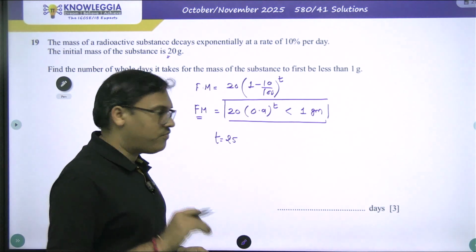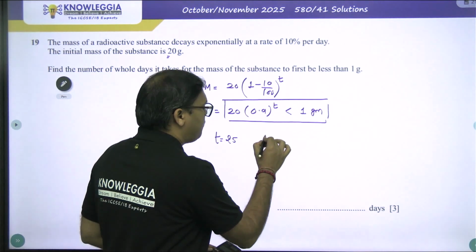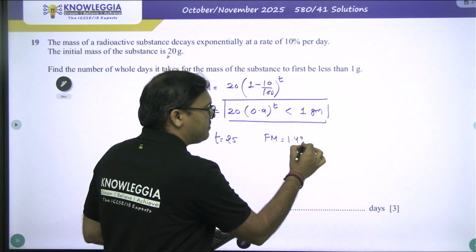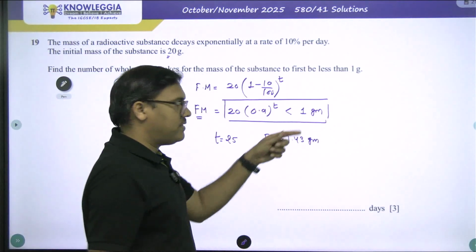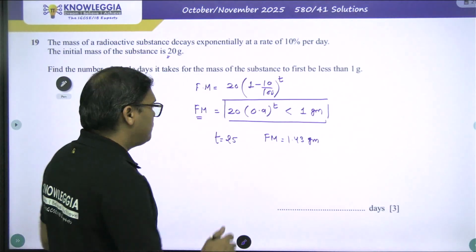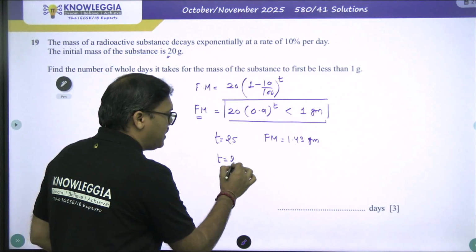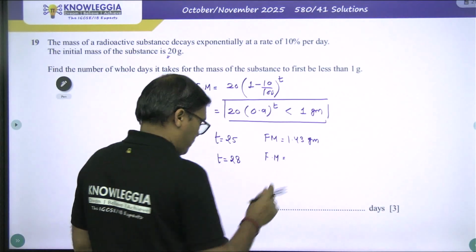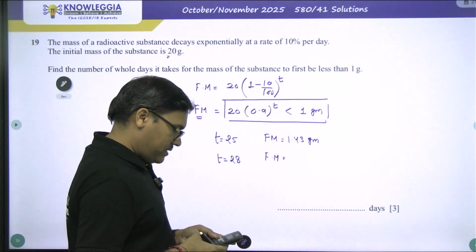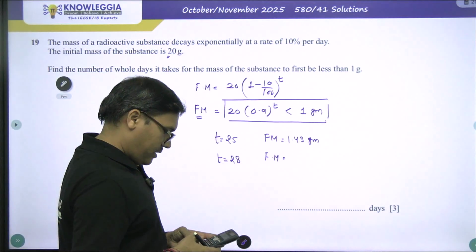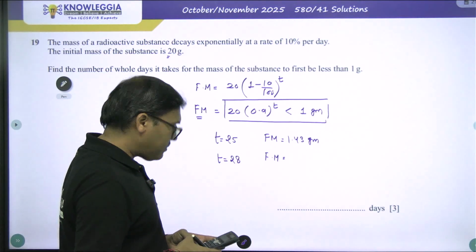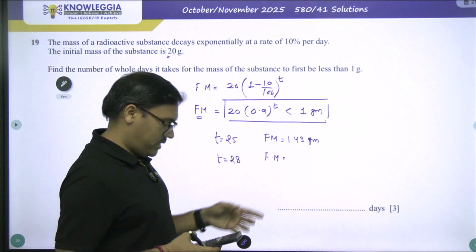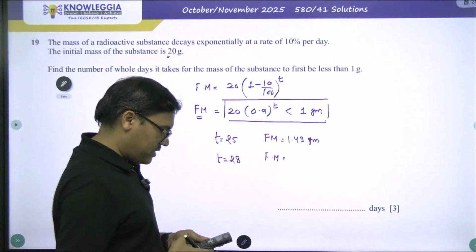You will see this is 1.43, so the final mass is 1.43 grams. Now this is not less than 1, so let's increase the number. If I take t equal to 28, what is the final mass? 20 multiplied with 0.9 raised to 28. You will see this is 1.04.